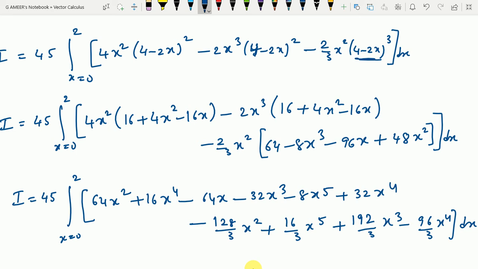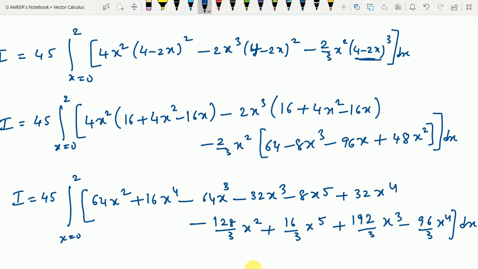Now once again you cross check all the integrations. 16 into 4 is 64 x square, 4 into 4 is 16 x power 4, 16 into 4 is 64 x cube, minus 16 x cube here. Okay, done. Next, minus 32 x cube minus 8 x power 5, minus minus plus 32 x power 4, minus 128 by 3 x square, minus minus plus 16 by 3 x power 5, minus minus plus 192 by 3 x cube.